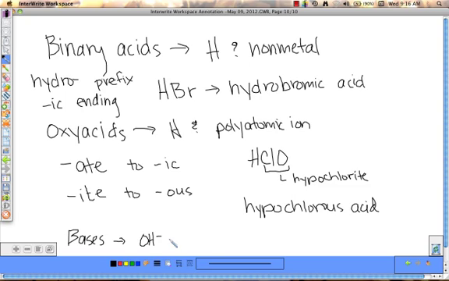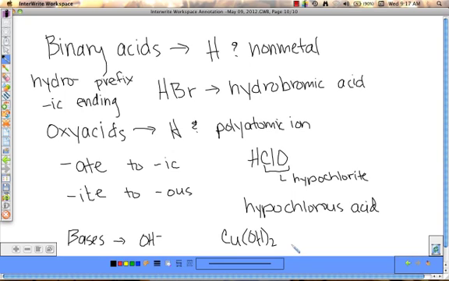Questions on naming? We did another example of a base. What's the formula for copper 2 hydroxide? Cu2. Yep. What's the other copper?